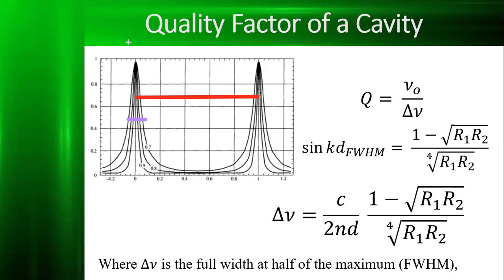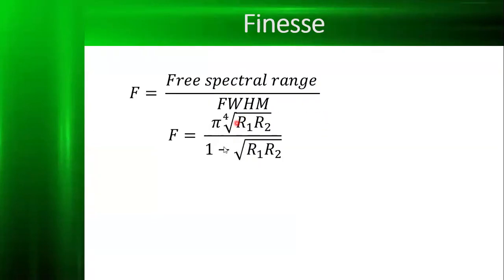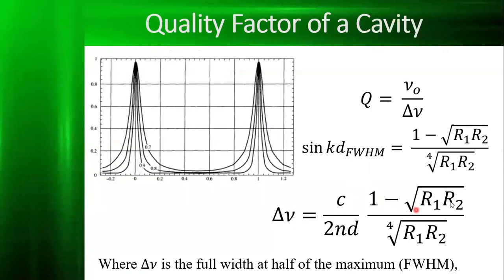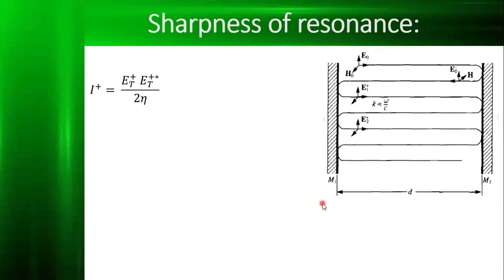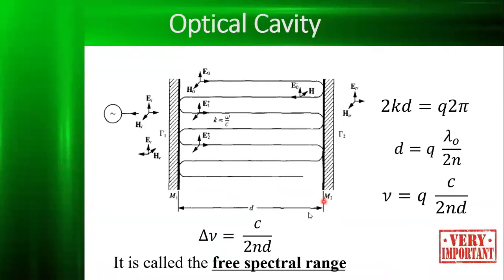Again, the ideality is reached whenever the fence is equal to infinity, for a zero full width at half maximum. I'm very sorry for the confusion. Okay, so this is the definition of the fence. Here we just substitute, because if you remember, the free spectral range is given in the first slide of this lecture in this equation.